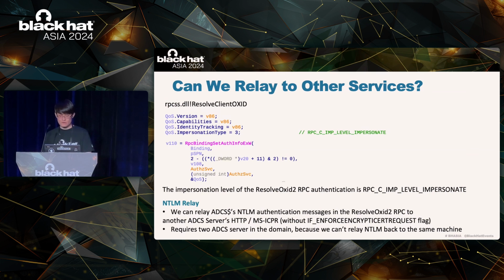The impersonation level of the ResolveOxid2 RPC connection is RPC_C_IMP_LEVEL_IMPERSONATE. So we can perform NTLM relay to the ADCS HTTP endpoints and MS-ICPR. But this requires two ADCS servers in a domain because we can't relay NTLM back to the same machine.